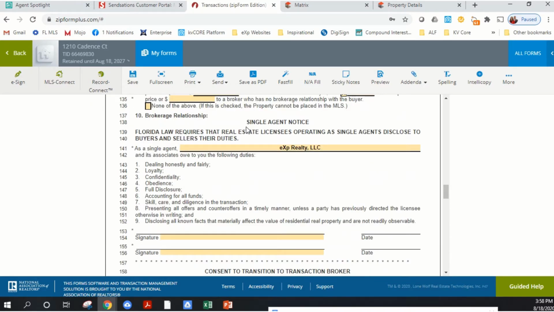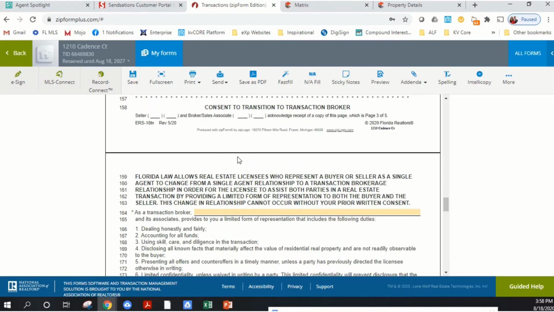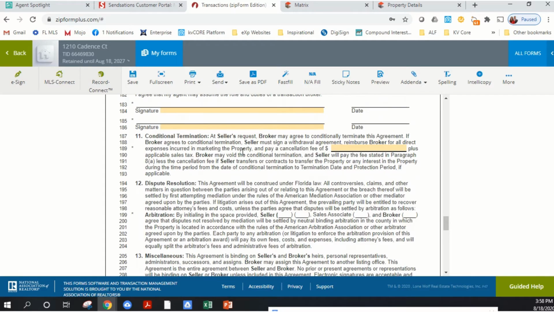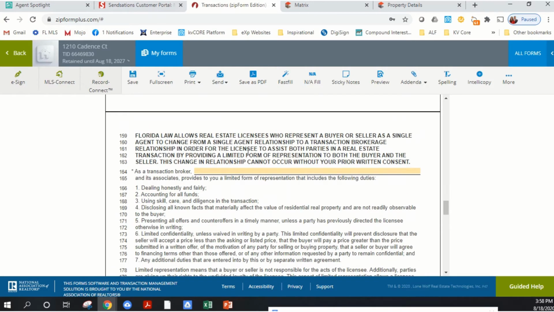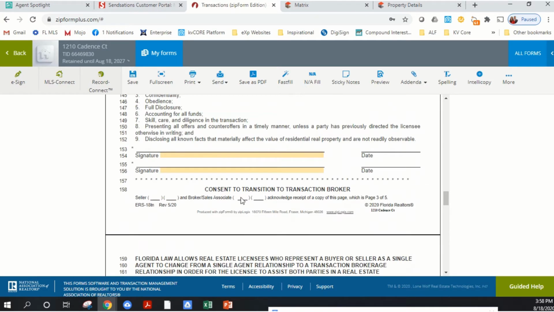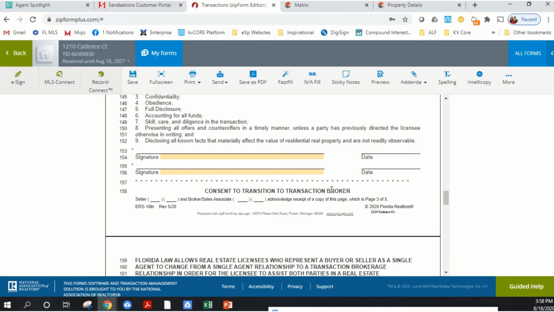So this is kind of the difference. As a single agent, what this means is that if eXp Realty represents the buyer and the seller, your duties change, right? And so what this all kind of says is you would transition to a transaction broker.